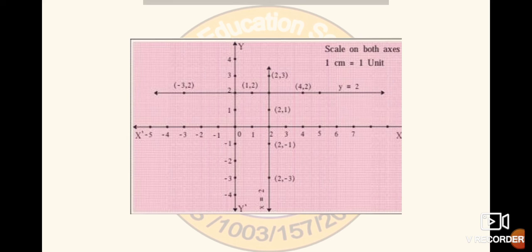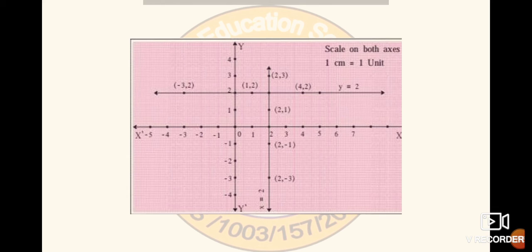Coming down to the vertical line, observe the coordinates (2, 3), (2, 1), (2, -1), (2, -3). These are the 4 coordinates. Which coordinate is the same? Here the x coordinate is the same.